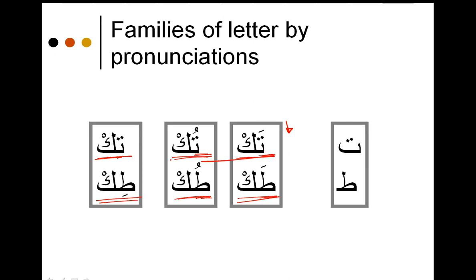Let's read them as a group horizontally. The first group will be tak, tuk, tik. The second group will be tok, tuk, tik. To remember the heaviness, the light one is as if it's a clock ticking: tak, tuk, tik.